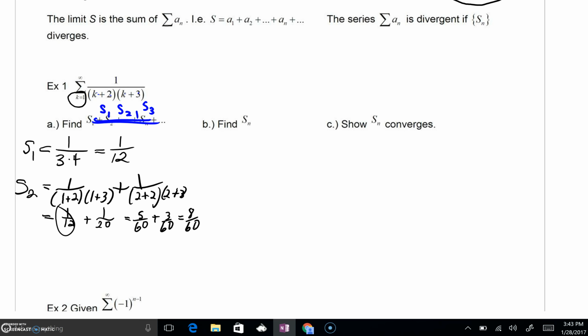You divide out a 4 and get 2 over 15, since 60 divided by 4 is 15. So that's what the first two terms add up to. What about S sub 3? Well, take your first two terms right here, and then add on a third. And you get the idea.